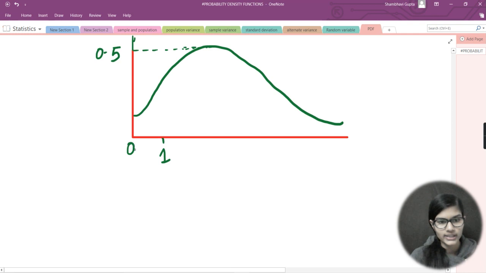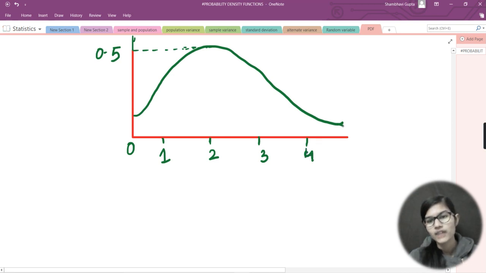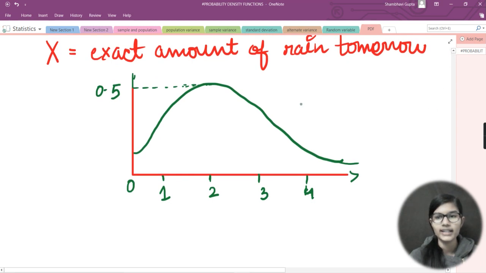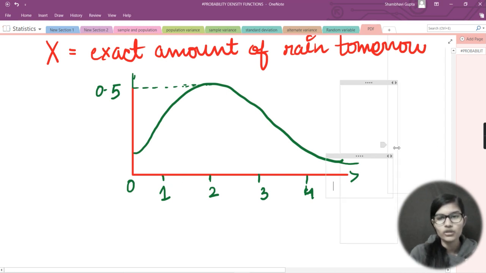Okay, this one is 0, 1, let's say this is 2, then this is 3, then 4, and it will go on so, right? It will go till infinity. This graph which is going, it will go till infinity, right? So let's say I have taken this graph, and in this I have defined the peak value as 0.5, and these are the inches of rain. So on the x-axis we have the amount of rain that will fall tomorrow, right?